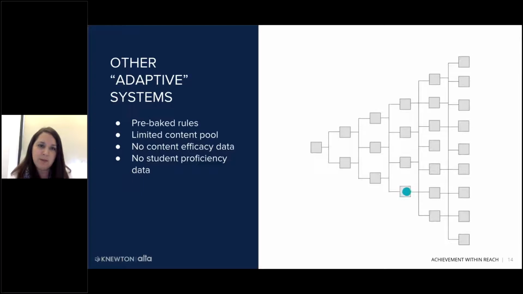We define adaptivity very differently. Ours is very much an on-the-fly adaptivity, where every question that a student encounters is going to dictate what they see in the future, not just within the learning objective that they're working on, but throughout the curriculum as well. We don't have a pretest. We don't care what students knew 2 weeks ago.